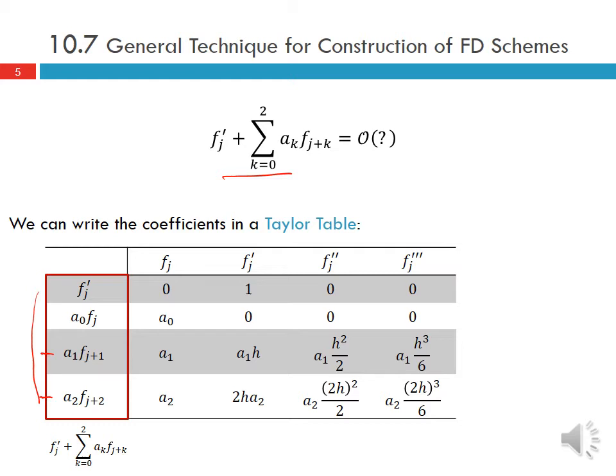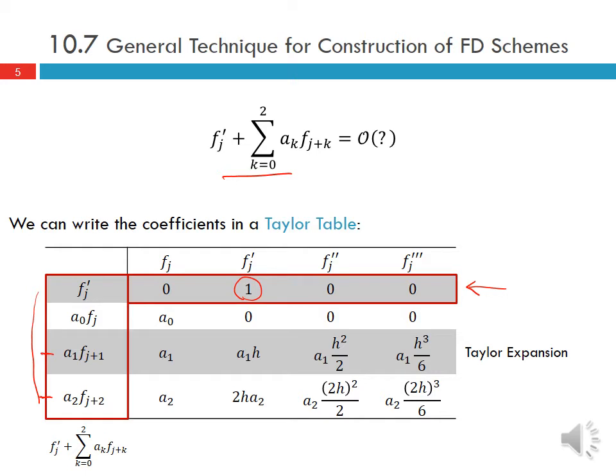And then each of the rows is constructed as follows. So this fj prime is just fj prime, so we just put a 1 here. And these other rows are constructed by the Taylor series expansions about the point fj.